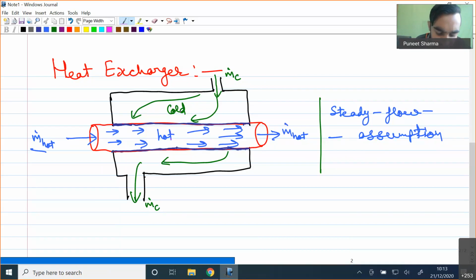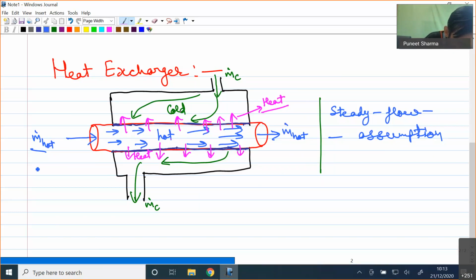Because of that temperature gradient, we will have transfer of heat from the hot medium to the cold medium. So our heat will flow from hot to cold. This point should be clear to all of you. Whatever energy interaction we are having in this particular case is nothing but our heat energy interaction.